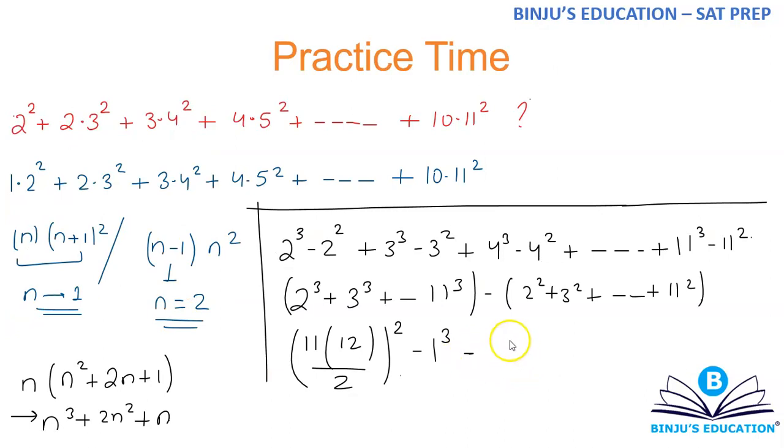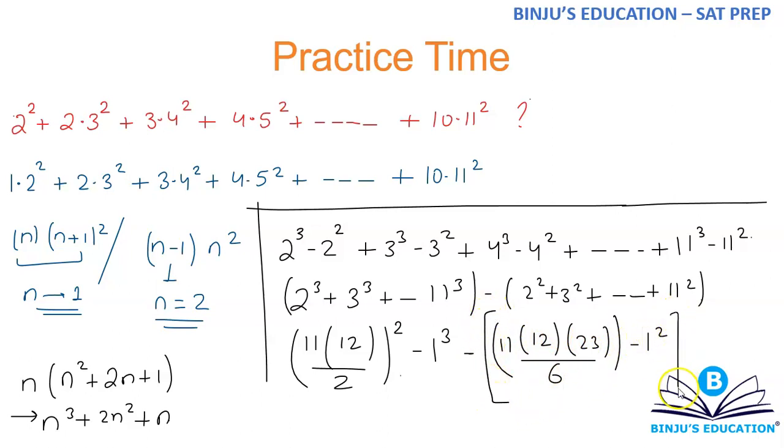And I'm going to subtract the formula for the squares, so that is 11 into 12 into 23 divided by 6 minus 1 square. This is what I need to do in this question.